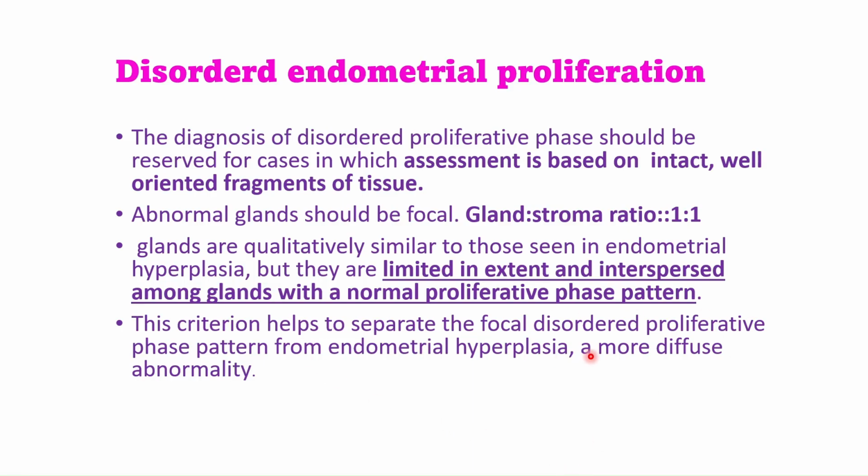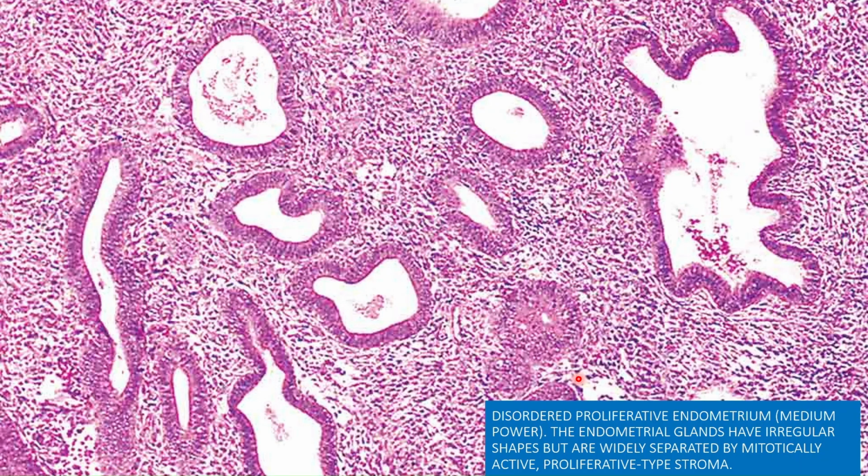So two points we have to remember. This criterion helps to separate the focal disordered proliferative phase pattern from endometrial hyperplasia, which has a more diffuse abnormality. Here we can see the proliferative glands. These are the normal glands, and these are the disordered proliferative endometrial glands.